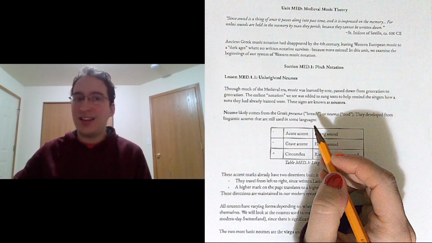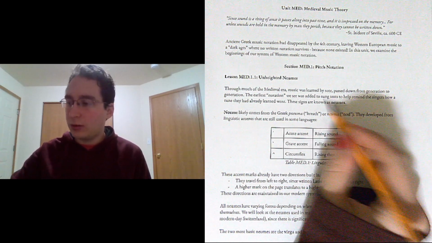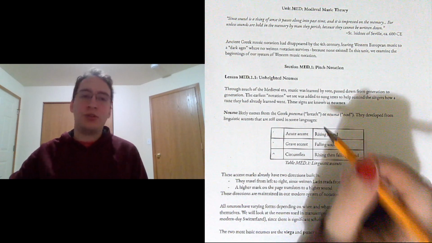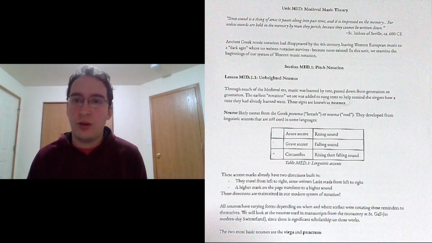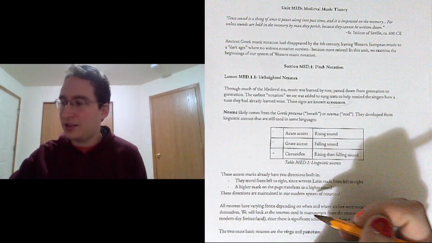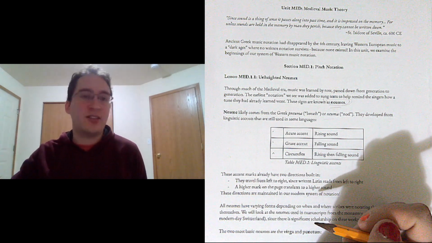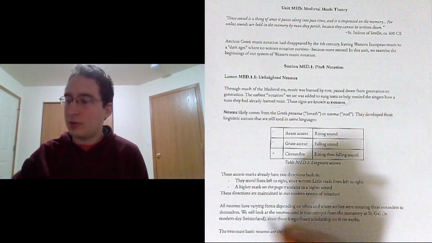The signs that they used to indicate pitch were known as neumes, spelled as you see here, which likely comes from the ancient Greek word pneuma, meaning breath, or pneuma, meaning nod. And the initial signs came from accents that were already present in various languages and are still present in some languages today.